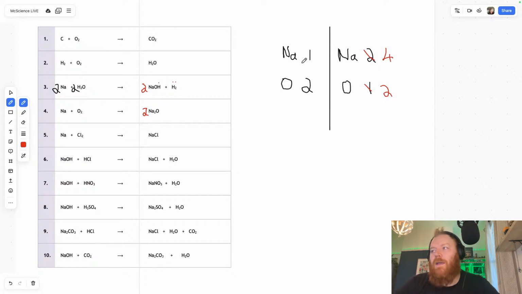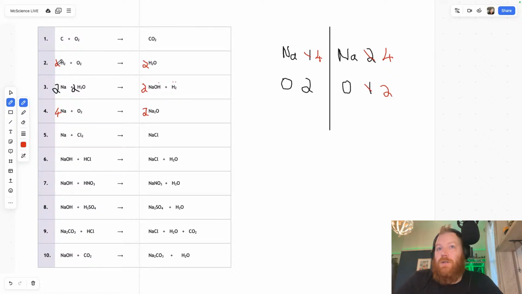So, when we are looking at the balancing of our equation, if I put a big 4 in front of my sodium here, I now have 4 times 1, which gives me 4 sodiums, and I have my 2 oxygens. So I am now balanced, and I've balanced my equation accordingly. When we are starting to envision the balancing of an equation, the key thing here is that we're not changing the actual chemical compounds themselves.